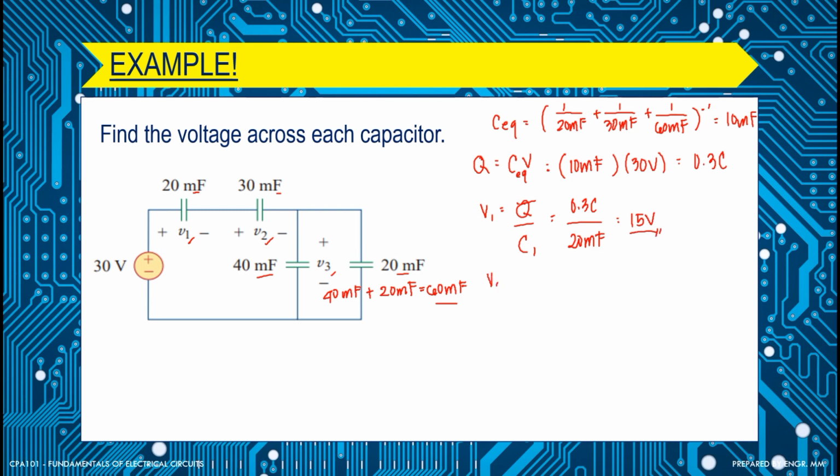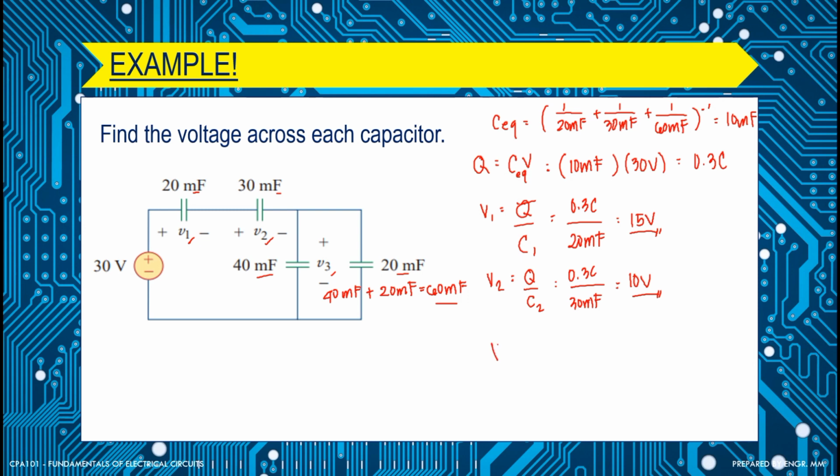For our V2, Q over C2, so 0.3 coulomb divided by 30 millifarad, and that is equal to 10 volts. Now, to find the value of V3, we can just use KVL, okay?